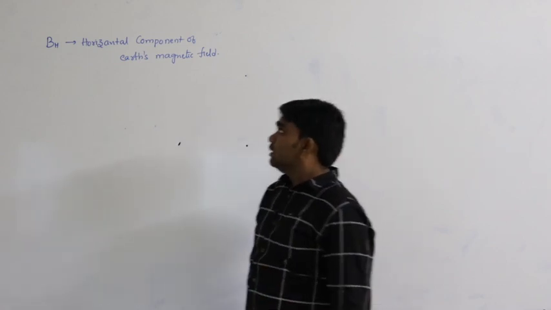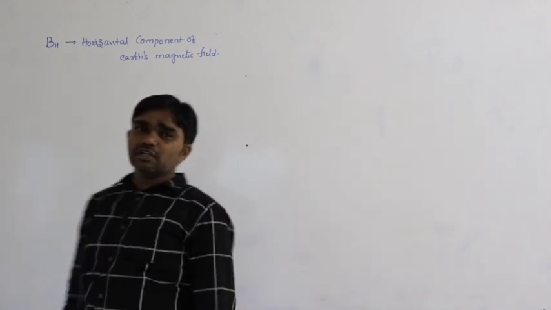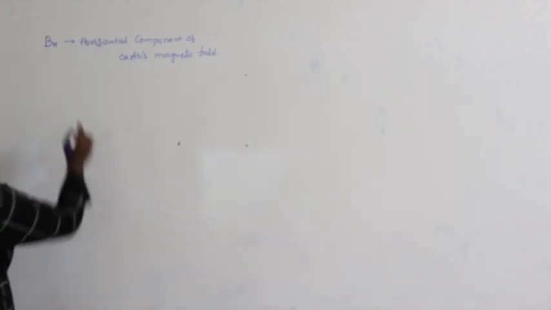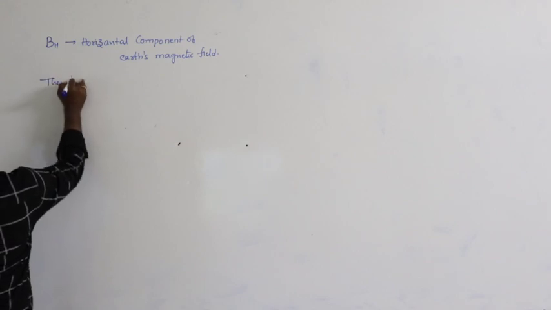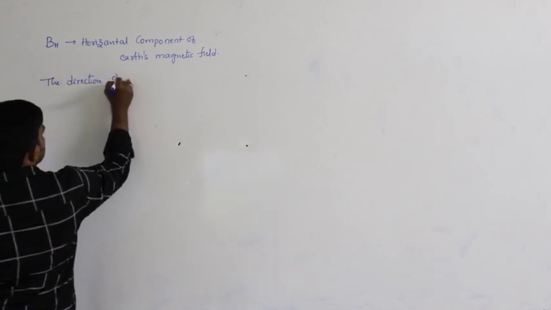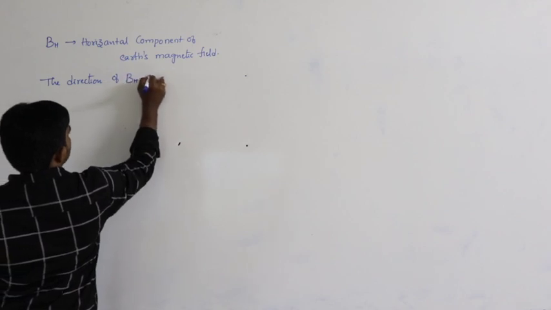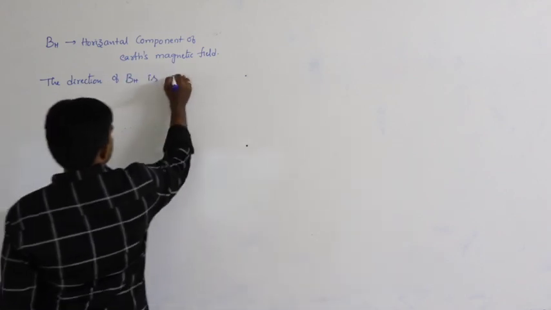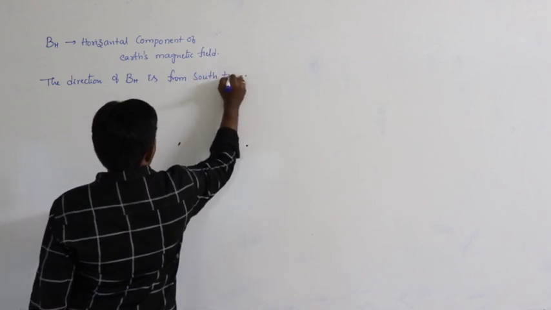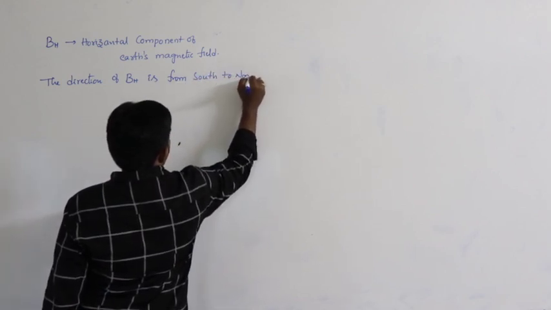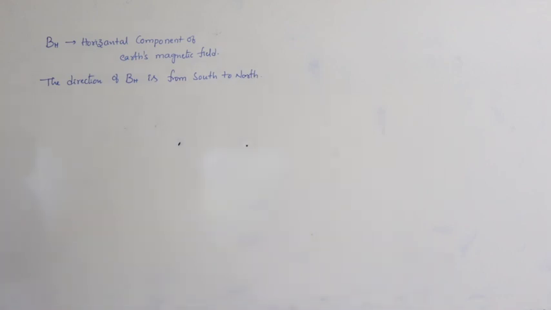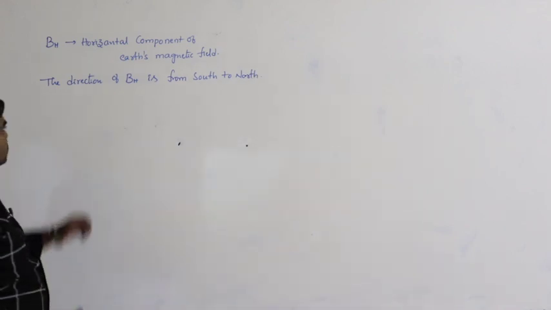So now BH is the horizontal component of Earth's magnetic field. The direction of BH is from south to north, from the south pole of the earth to the north pole of the earth.